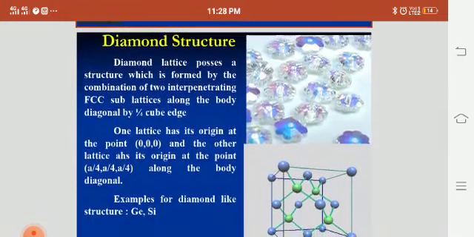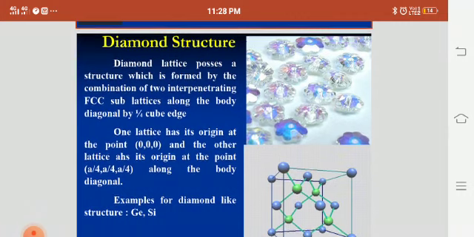In case of diamond structure, the lattice possesses a structure which is formed by the combination of two interpenetrating FCC sublattices along the body diagonal by 1 by 4 cube edge. That is, there are two different sublattices of FCC crystal which are diagonally connected by 1 by 4 cube edge.